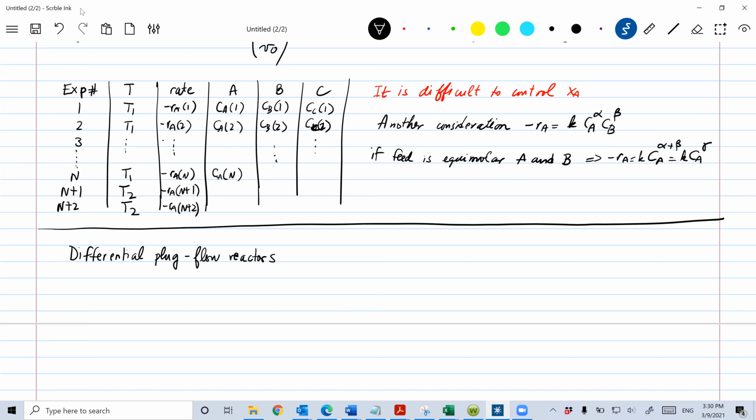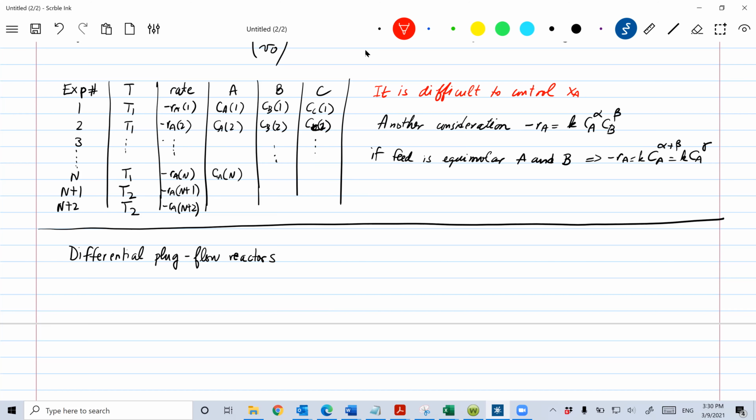Algebraically, that means we're not actually solving the design equation. We're just using the rate expression, and we're solving for it by plotting rate versus concentration. If we had an integral plug flow reactor, we would be plotting space-time versus concentration, or volume versus concentration.